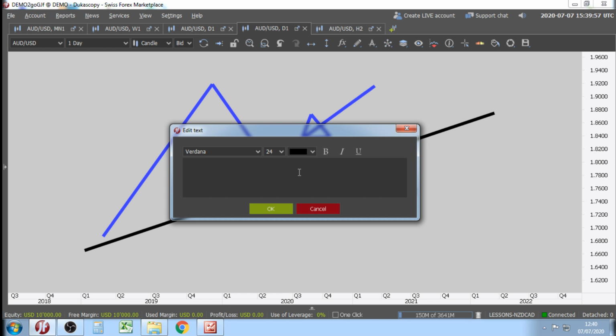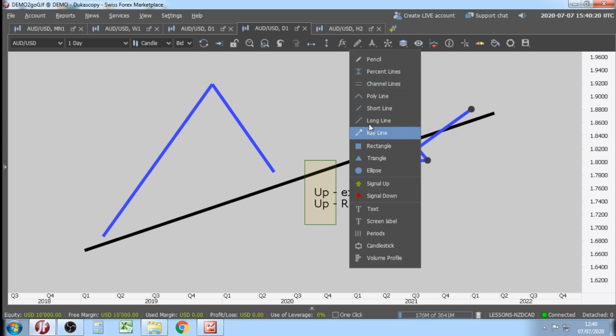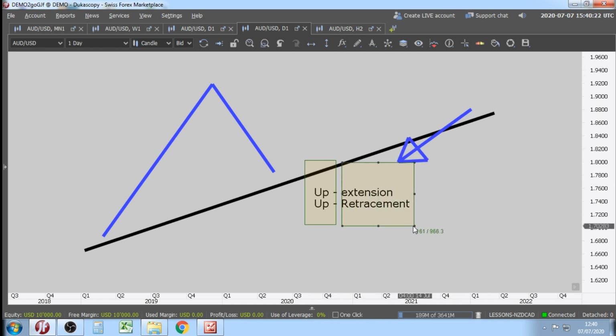I shouldn't waste my time. Up extension, up retracement, Giuseppe. Giuseppe, mi devi una birra, va bene? Up extension, up retracement. The first word is talking about the direction, and the second word is talking about what the market is doing right now.